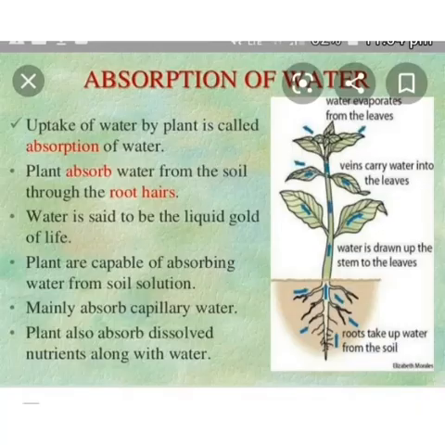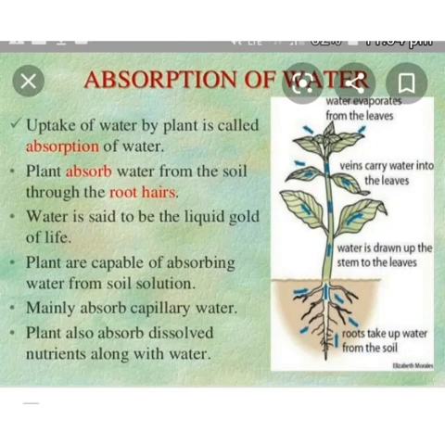soil. Next, we are going to discuss absorption of water by the soil. What is meant by absorption? Absorption means uptake of water. So, uptake of water by plants is called absorption of water. Plants absorb water. How will they absorb it? Through their root hairs.